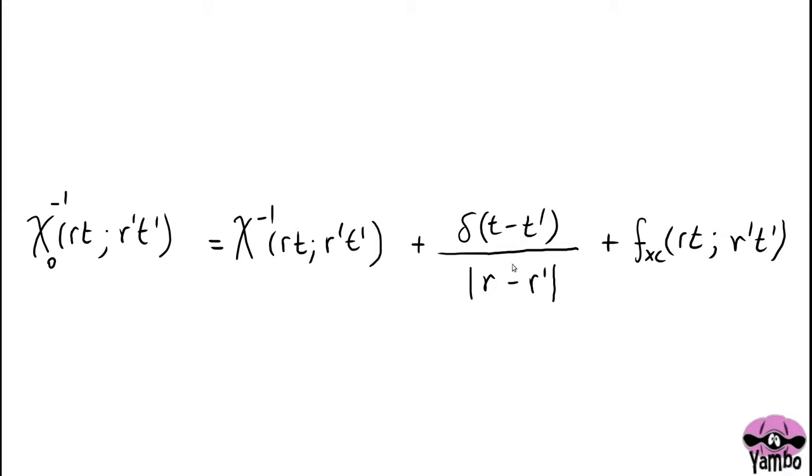The second term is the contribution from the Hartree potential, and the third term is the contribution from the exchange and correlation potential, what is called the exchange and correlation kernel.